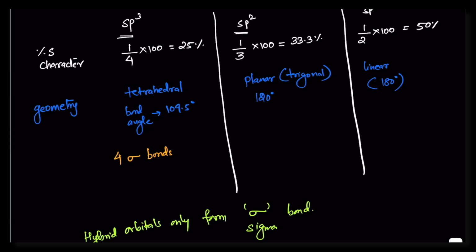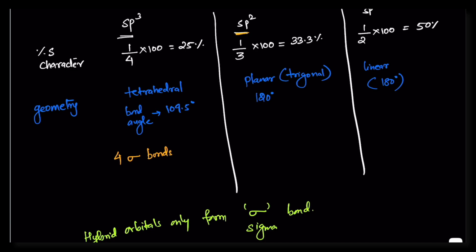In the case of sp2, only 3 orbitals, 1 from s and 2 from p, took part in the hybridization. So there is one p orbital that is left, and that p orbital can form pi bonds.